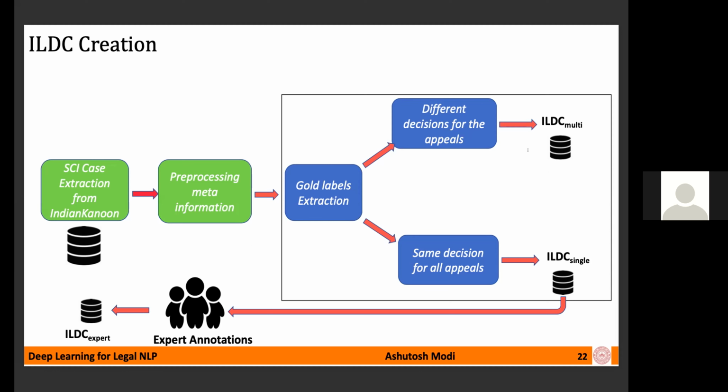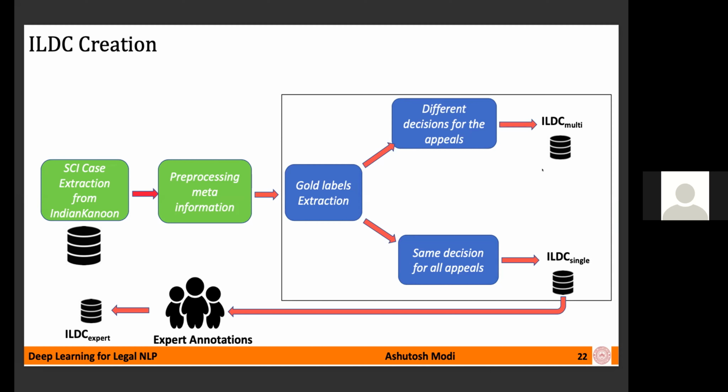As you can see, ILDC multi is a superset of ILDC single, since it has multiple appeals leading to the same or different decisions. The binary label for ILDC multi, for every document, says whether it is accepted or denied. We take it as accepted even if a single appeal or petition was accepted in this judgment.